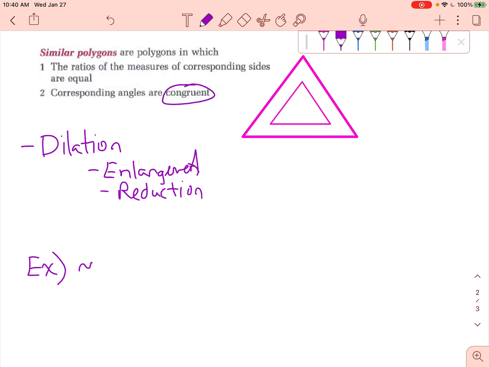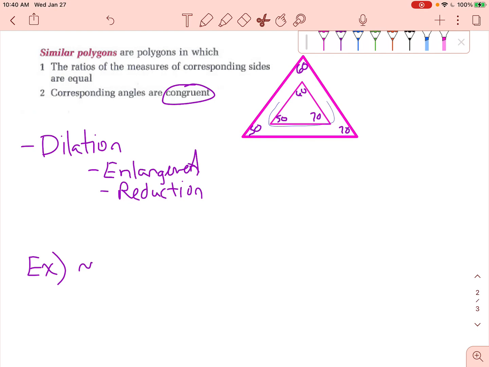Obviously the angles inside of a triangle are always going to add up to 180. So if this angle was 50 and this angle was 60 and this angle was 70, it would remain the same no matter how big or small I make the sides. What happens to the sides is the sides actually become proportionate.